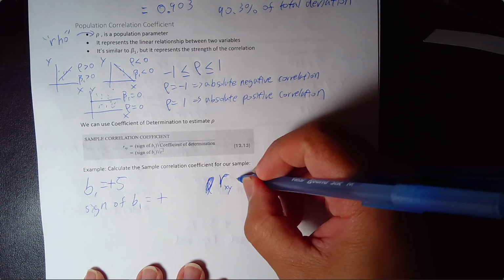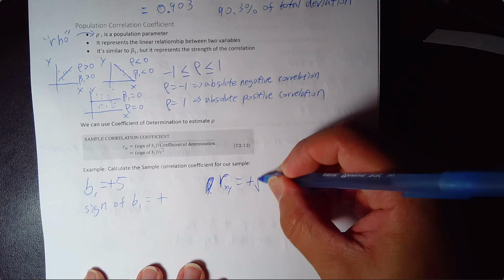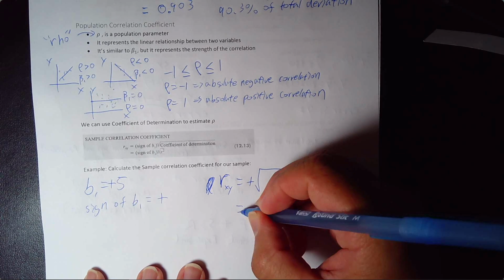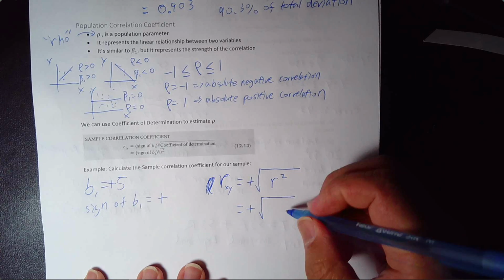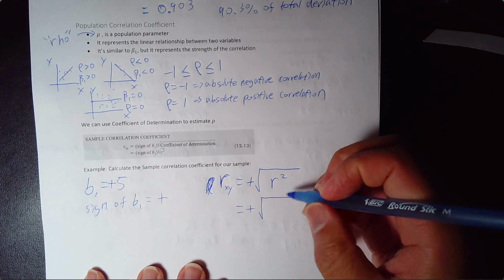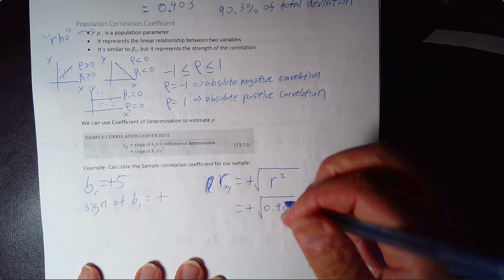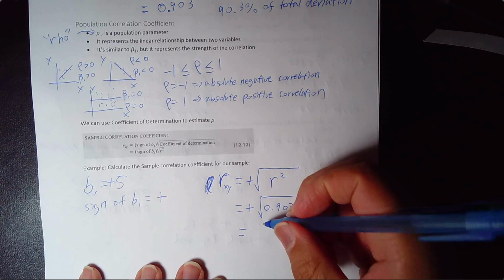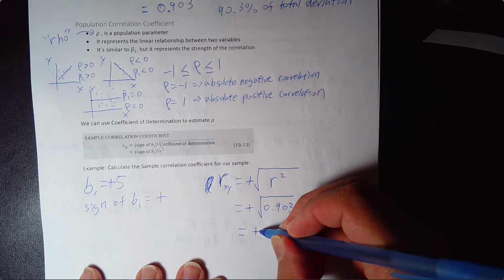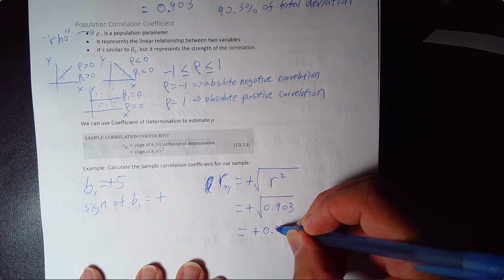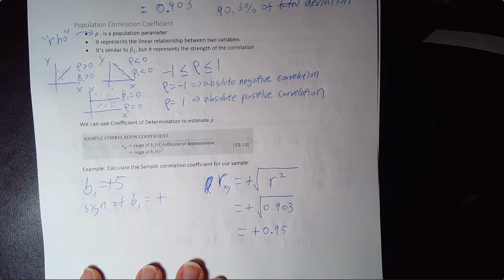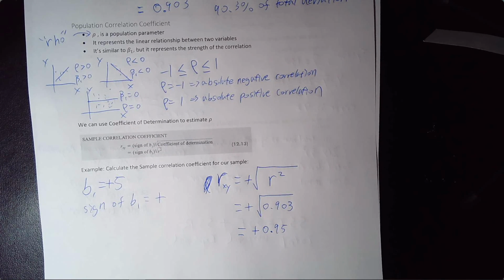That is going to be the positive square root of r squared, which is the positive square root of 0.903. Calculating that out, it's going to be positive 0.95. So that is a very strong positive correlation.